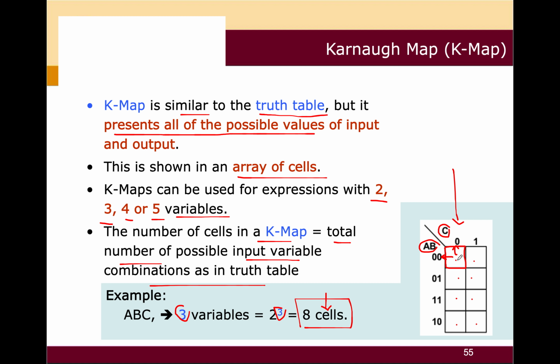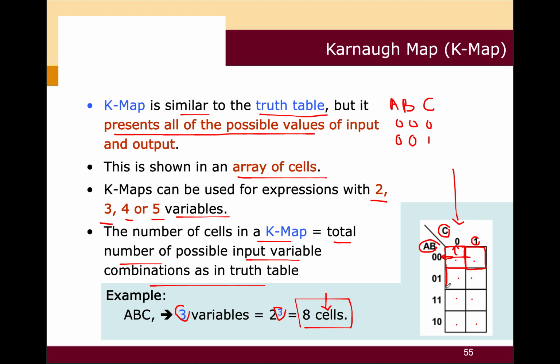So for your first cell, A, B, C is 0, 0, 0. For your second cell, you see that A, B is similar, which is 0, 0, but your C is different, it is 1.